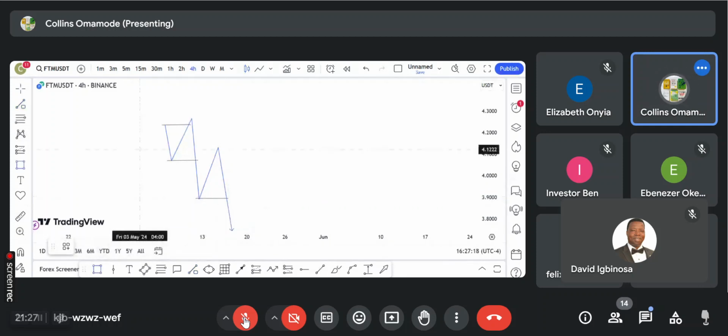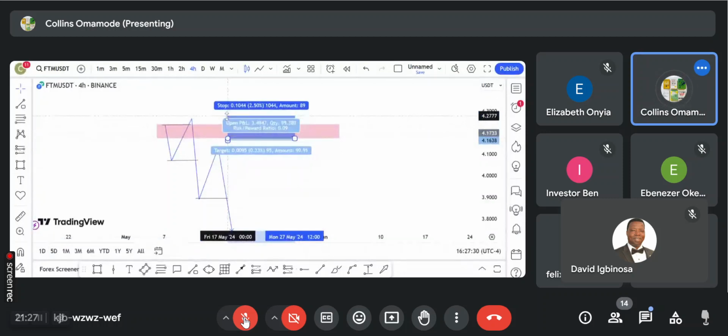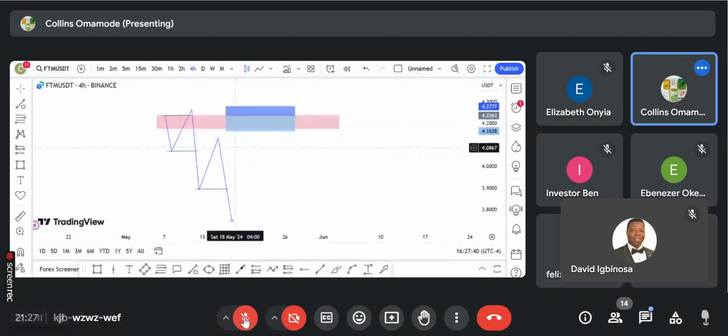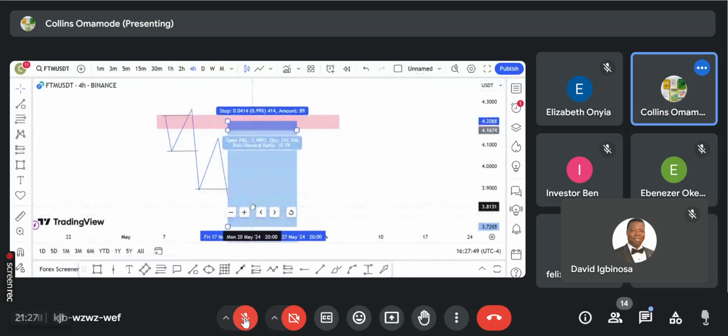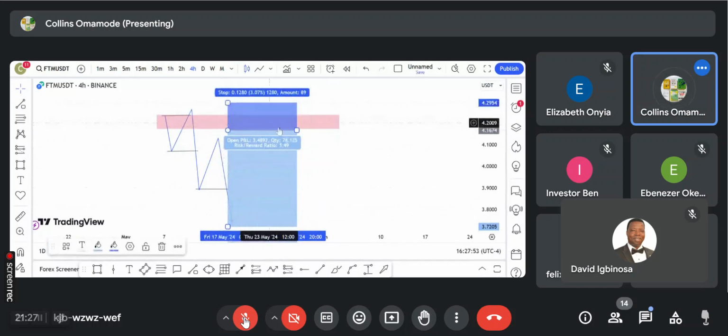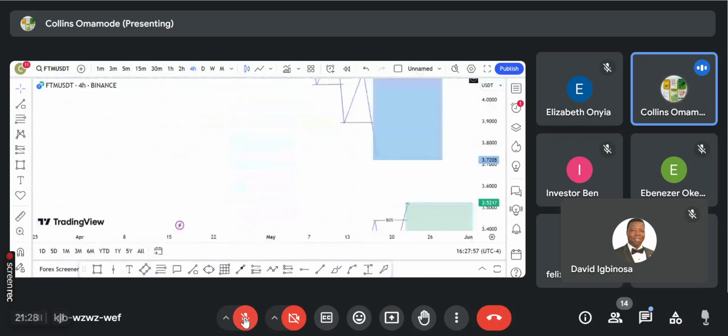So if I don't see this form, I don't take any trades. That's what I want to see if I take a trade.